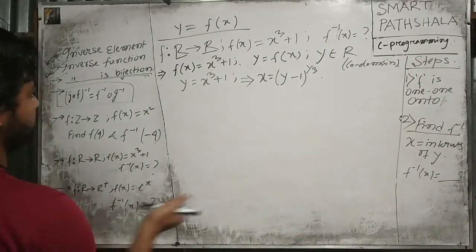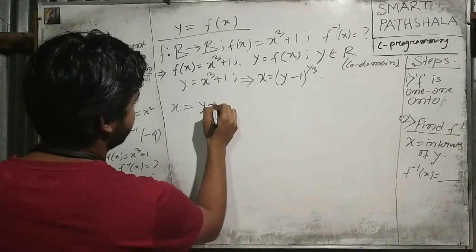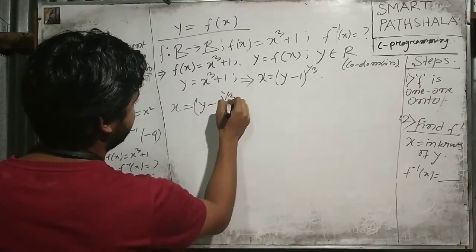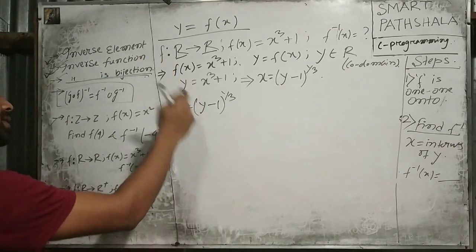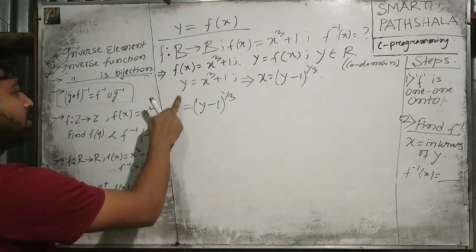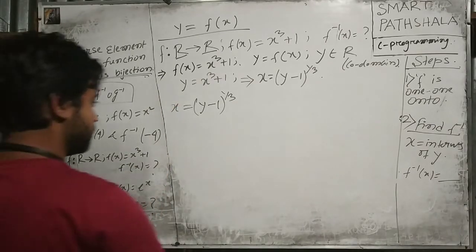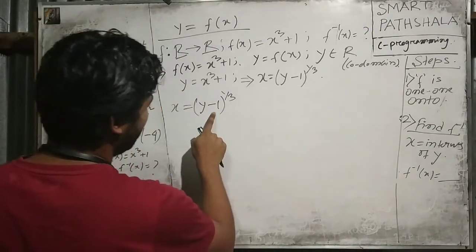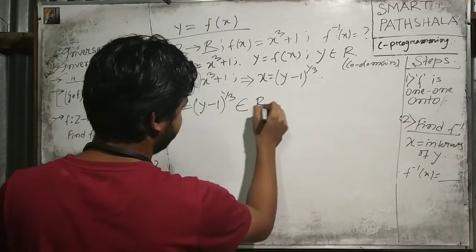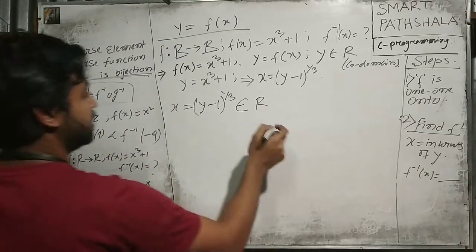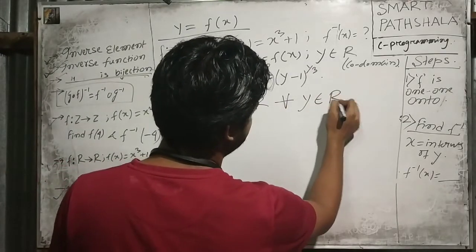Now x is equal to y minus 1 to the power 1 by 3. Put y is equal to a real number, any real number. The result you will get for x is what? That is also a real number, right? So this x, y minus 1 whole to the power 1 by 3, belongs to the real number set, that is the domain set, for all y belonging to the real number set.